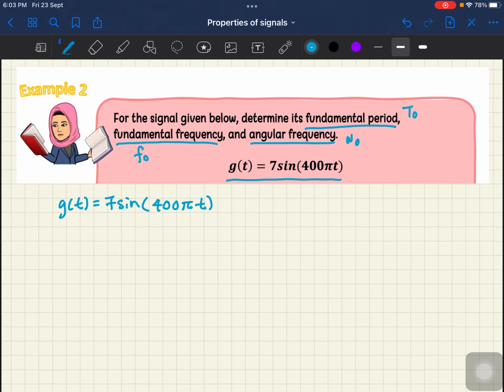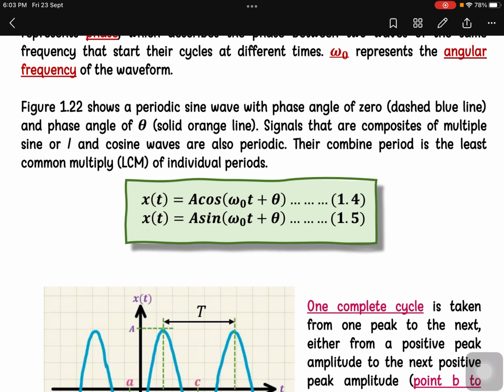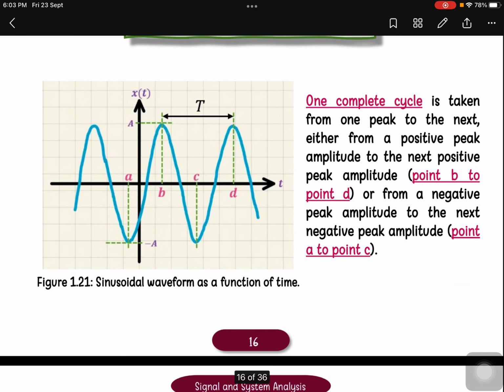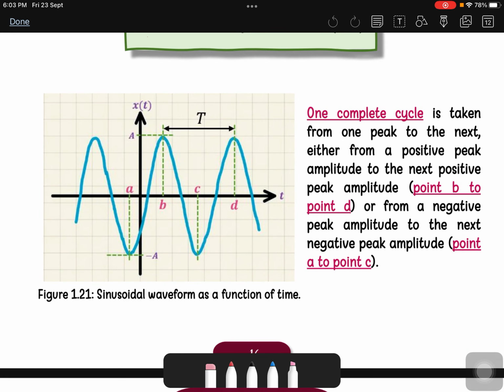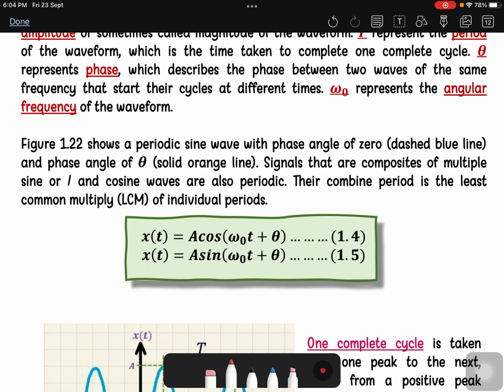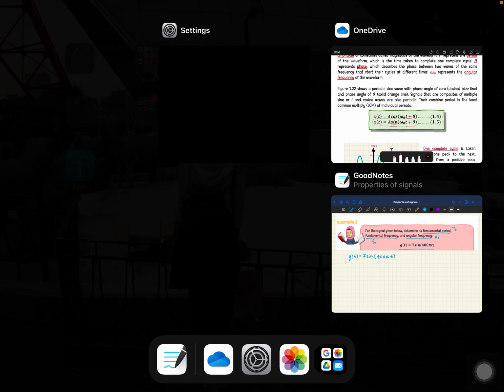If we go back to our handout, on page 16, you can see these two equations, equation 1.4 and equation 1.5. Equation 1.5 is for the sine function, and this is the general equation for the sine function. So we want to write back this equation in here.